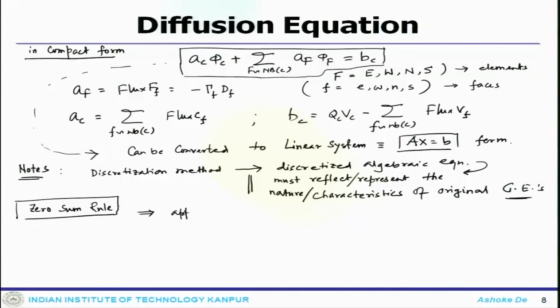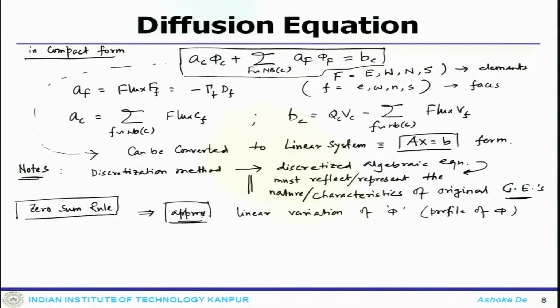The assumption was linear variation of phi, or the profile of phi. That means from one cell to another cell the variation was linear. This is one of the major assumptions or approximations that we have invoked so far.